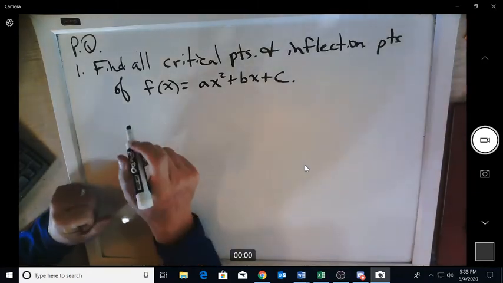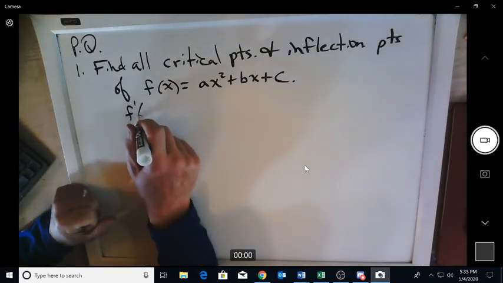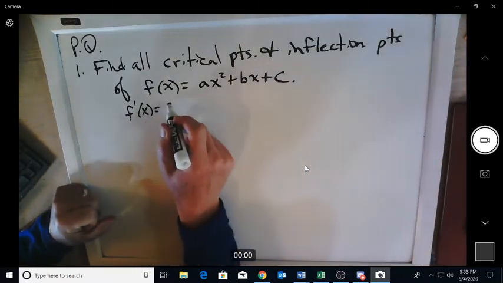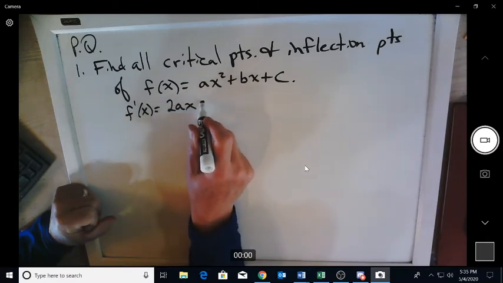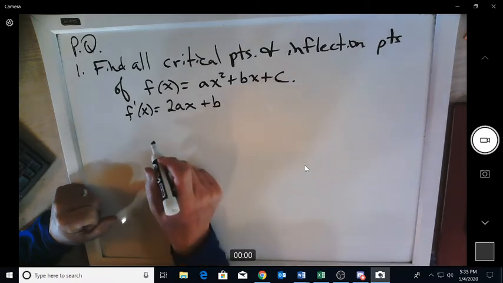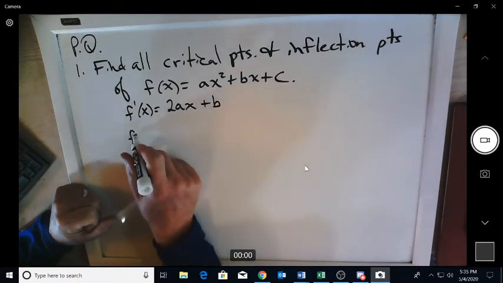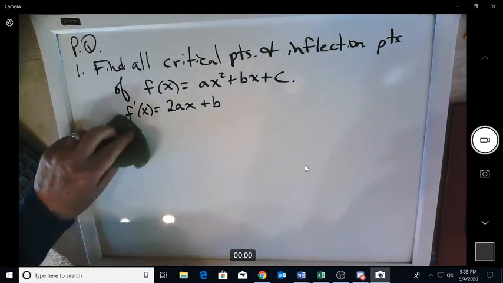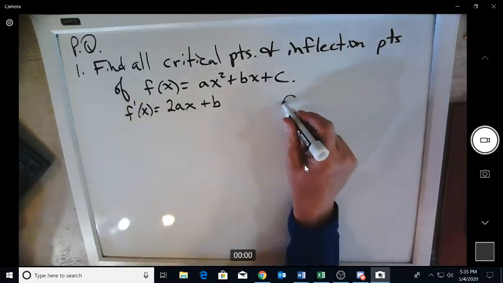All right, so we take the derivative. We get 2ax plus b. Let's take the second derivative as well.